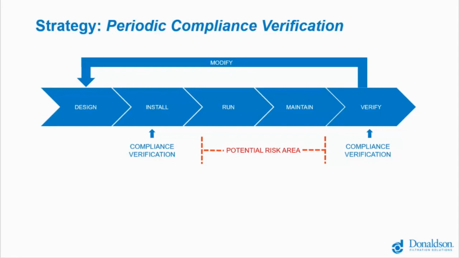And really this is the challenge for EHS people, is understanding in between those two compliance verifications, is it still working normally? And there's very little data that you're probably getting today to tell you that that dust collector is working normally. And what you don't want is to find out when you get to that compliance verification that you fail. Typically, there's major repercussions to that for a company.